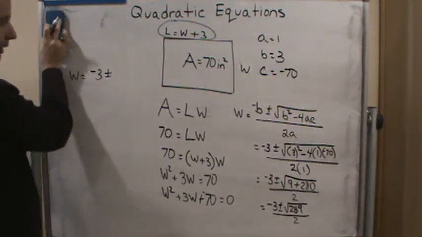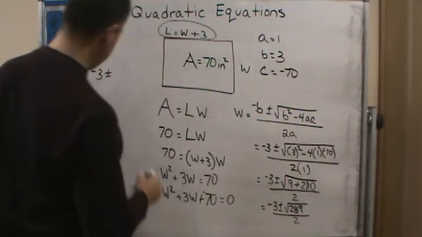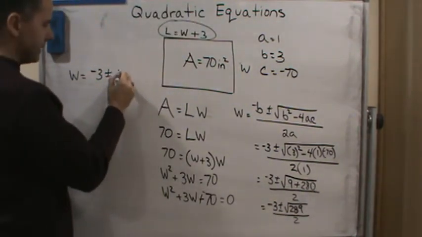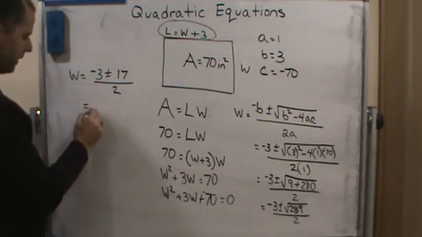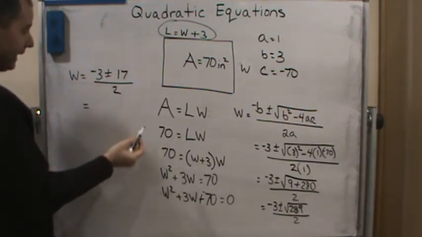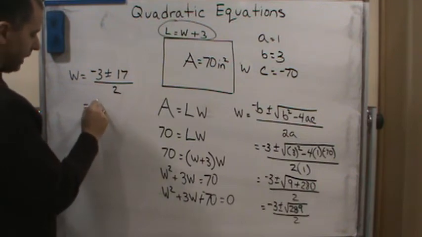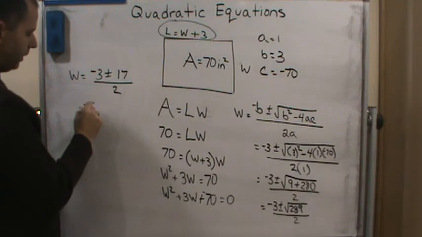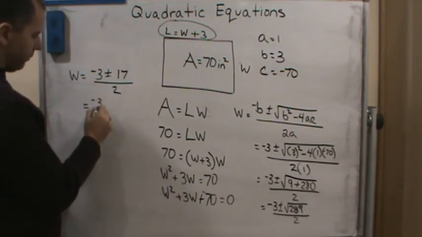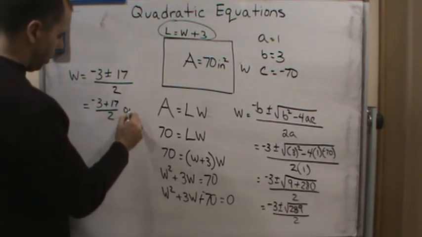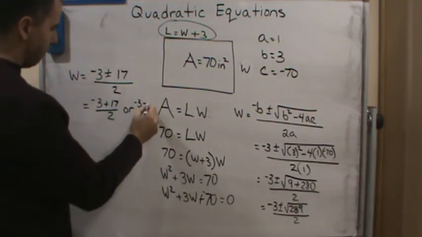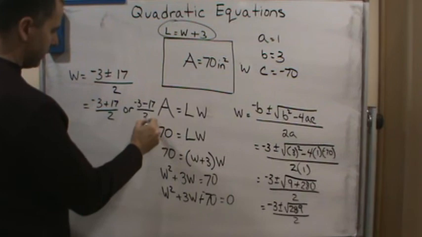Okay, so 17, so now this becomes negative 3 plus or minus 17, all divided by 2. So now this means the width is going to be either negative 3 plus 17 over 2, or negative 3 minus 17 over 2.